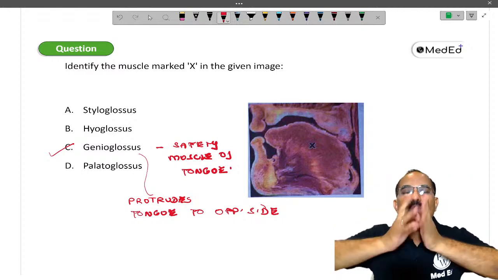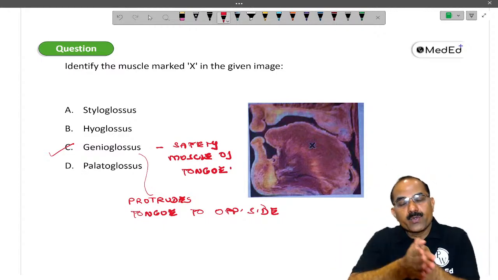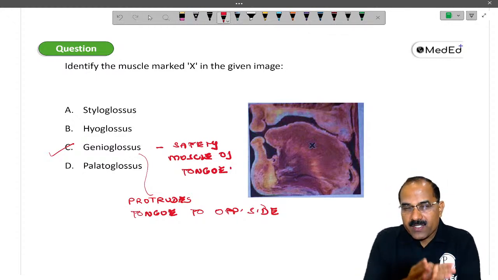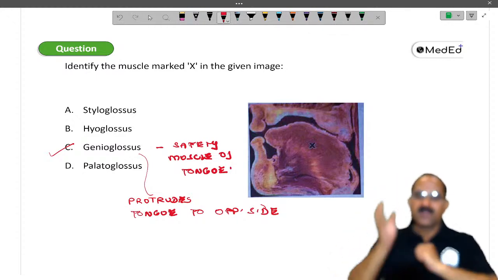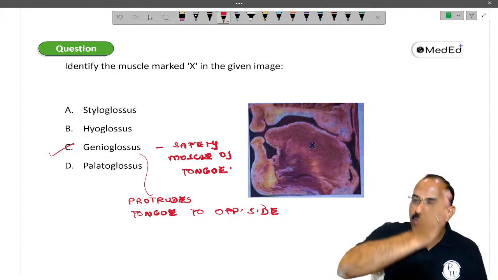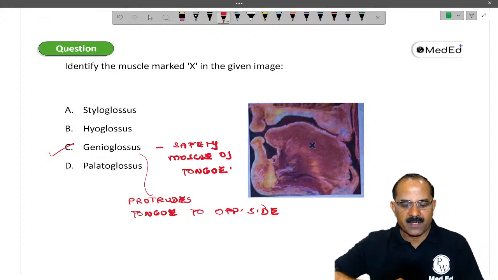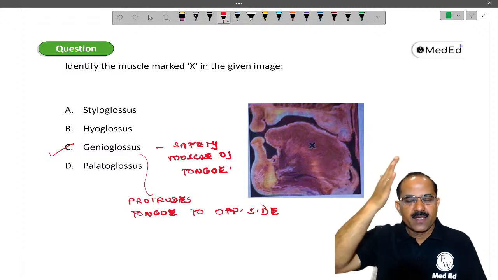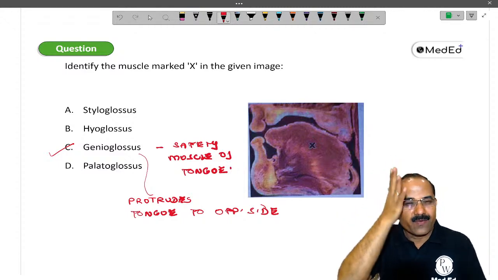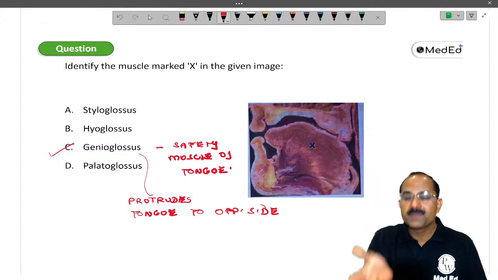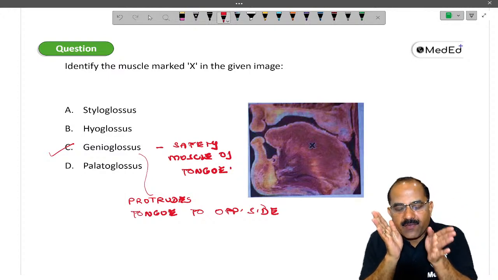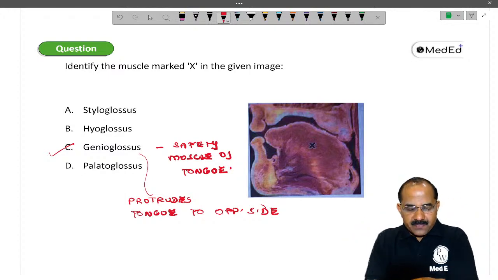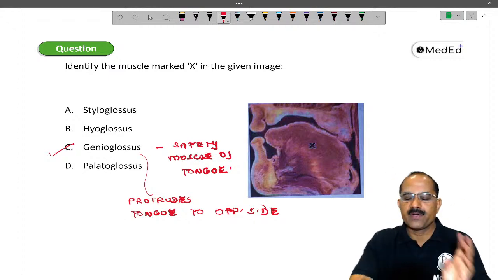Because ये tongue को protrude करता है, but opposite side पे. मतलब the right genioglossus deviates the tongue to the left side, and the left genioglossus deviates the tongue to the right side. समझ में आ रहा है बच्चों? So now you tell me, अगर मेरा right hypoglossal nerve is injured, the right genioglossus is paralyzed, who becomes powerful? Left, and the left would deviate the tongue to the right side.